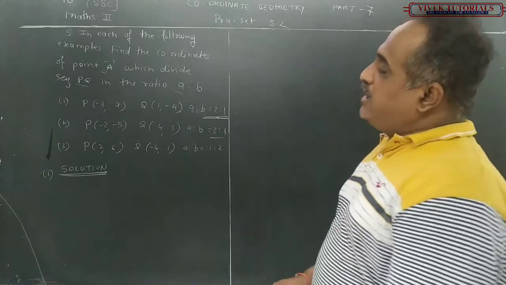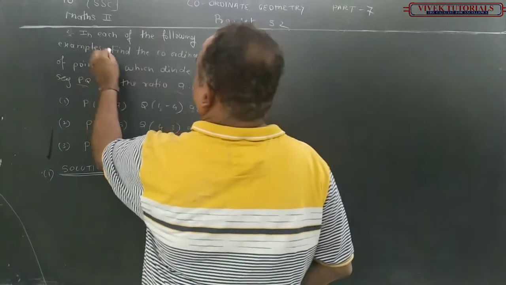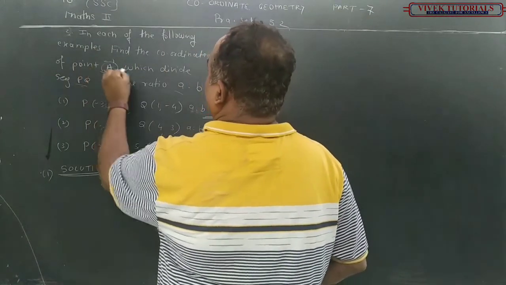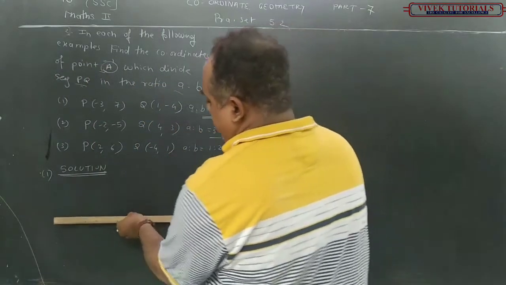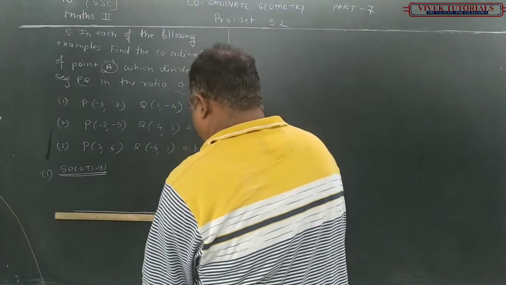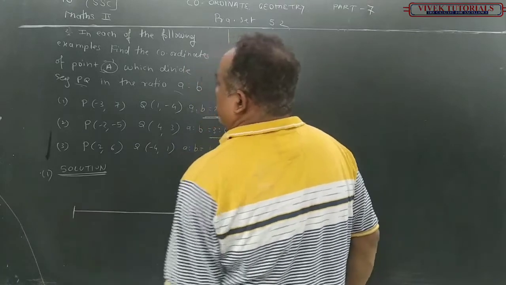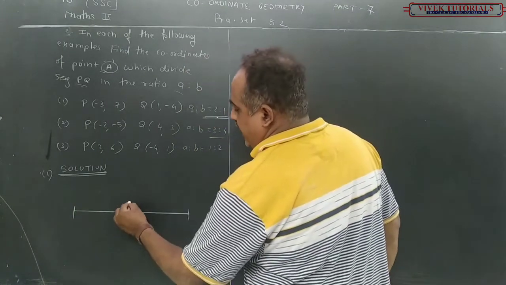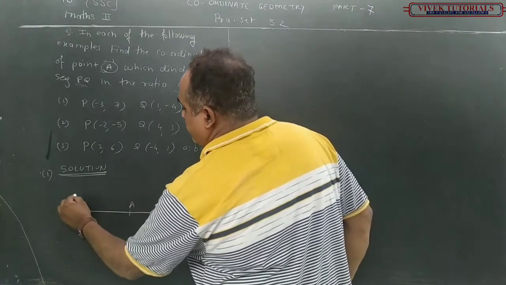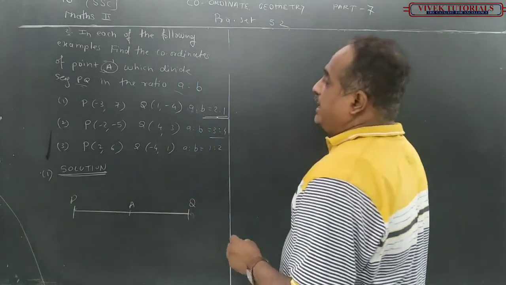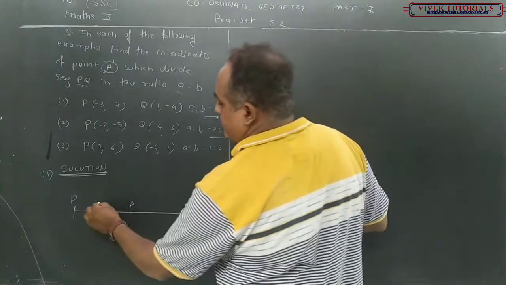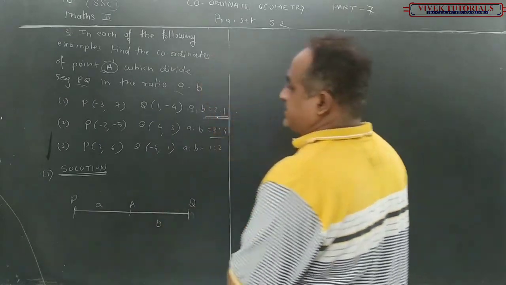So first of all, we'll draw the figure. In each of the examples, find the coordinates of point A which divides segment PQ. So I will draw segment PQ, and point A is dividing segment PQ in the ratio a:b. Is it right?